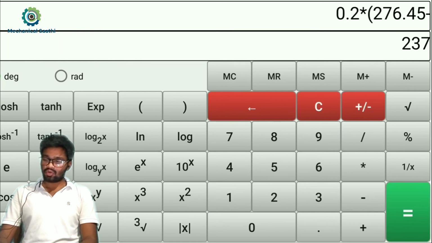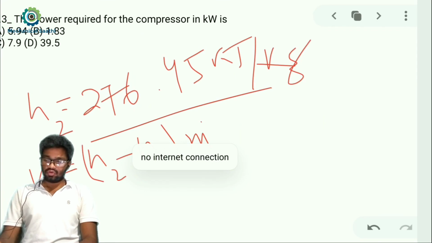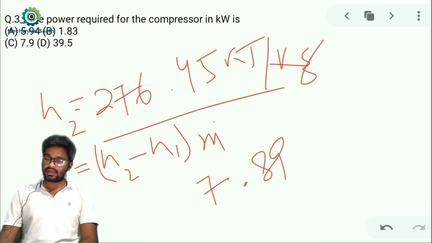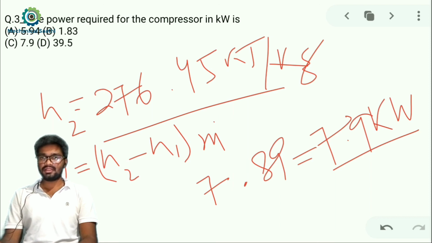Let us close the bracket, and calculating this one, we get 7.89 kilojoule per second. Kilojoule per second we can simply write as kilowatt. So that is 7.89, or directly, 7.9 kilowatt. Our answer matches option number C, so option number C will be the correct answer for this question.